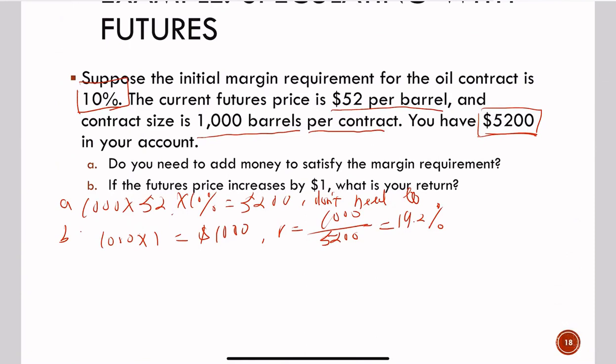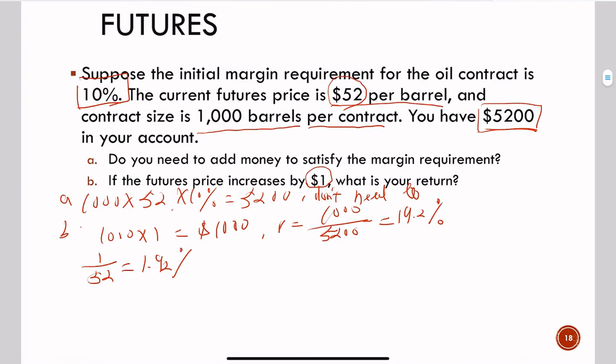Okay, let's examine the second question. First, you can see that the change in the oil price is actually quite small, right? Because the futures price is 52, and let's say on the second day, the futures price increases to 53. Now, what's the change? The change is 1 divided by 52, which is 1.92%.